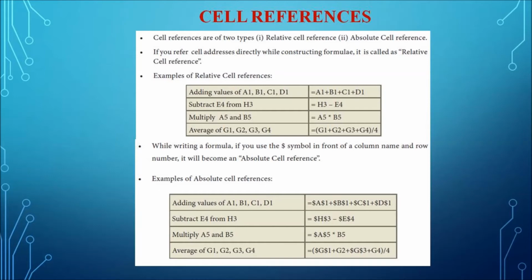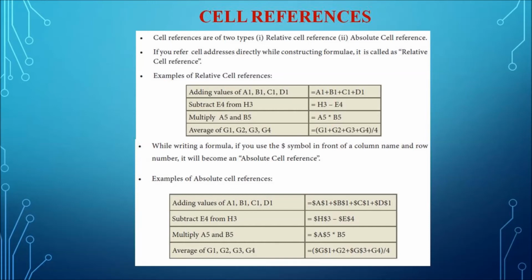Next, in the absolute cell reference, you see a dollar symbol added in front of both the column name and the row number. That is the first difference between the relative and absolute cell reference: in relative, the address is given directly, whereas in absolute you add a dollar symbol to both the column name and the row number.